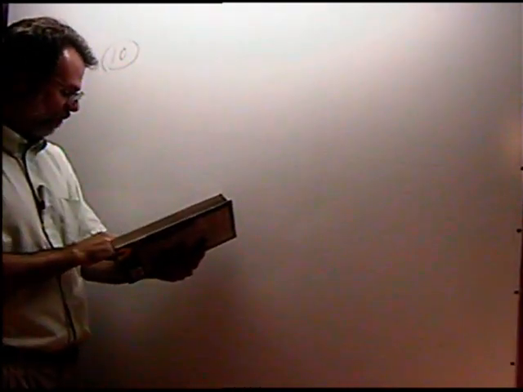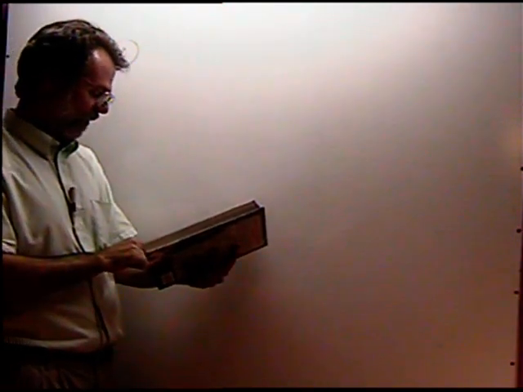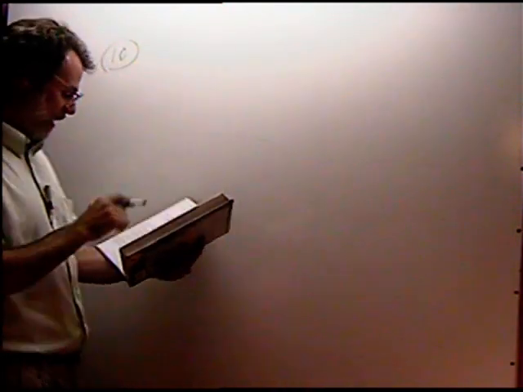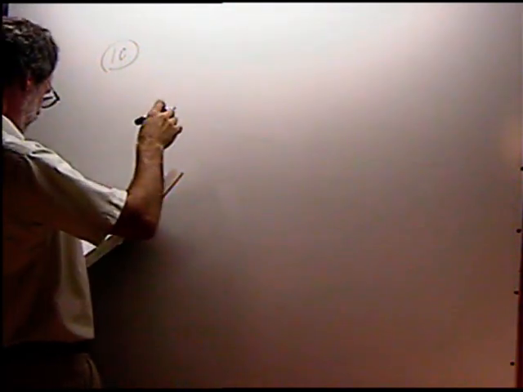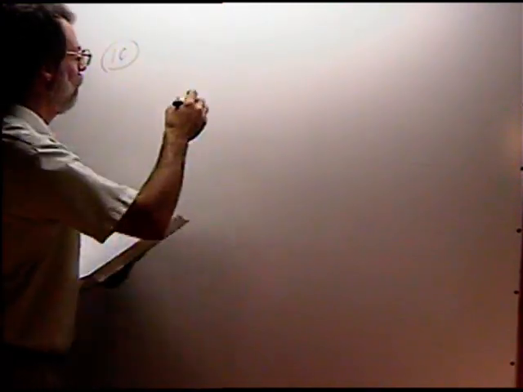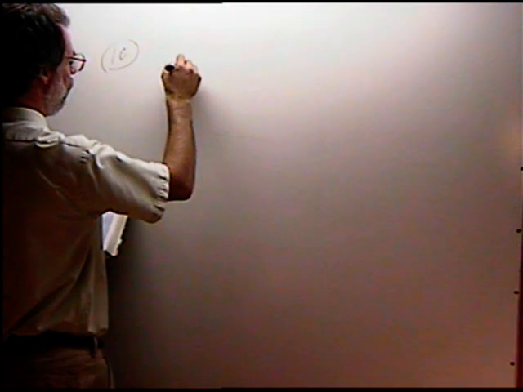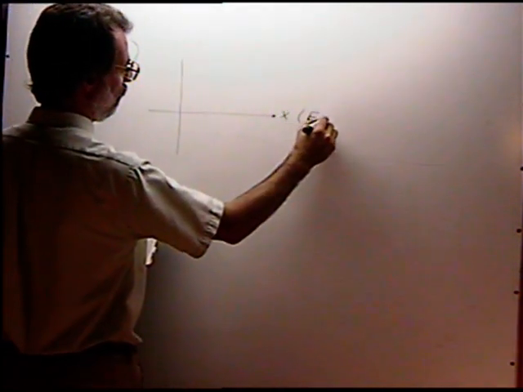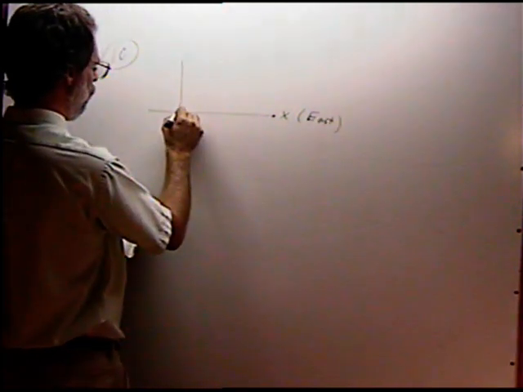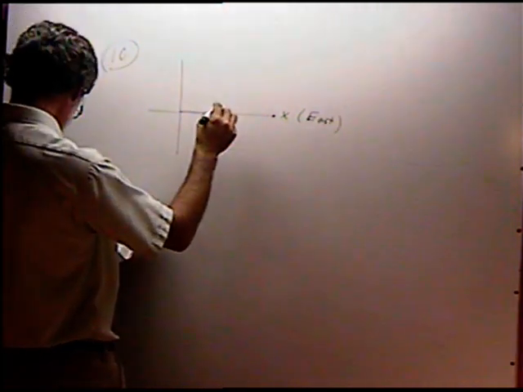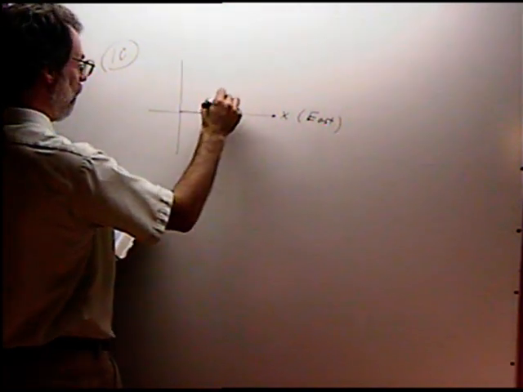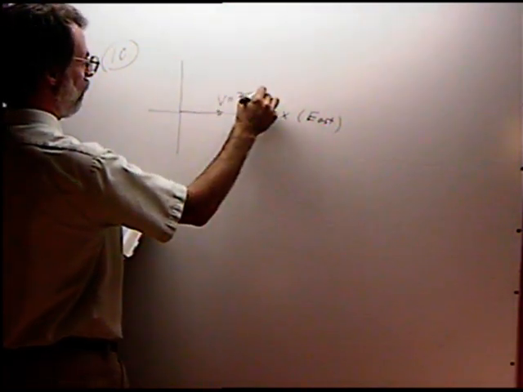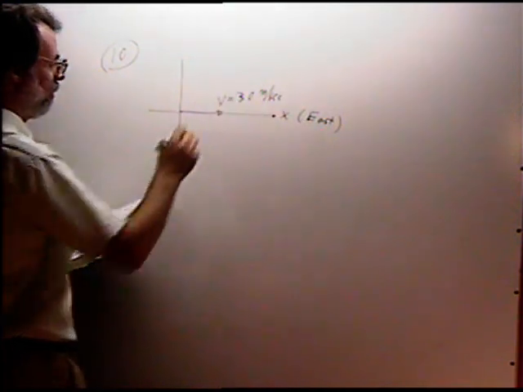Okay, a man rows a boat across a river. The man rows at a speed of 3 meters per second and heads due east. So let's say X is east, and the man heads due east with a velocity of 3.0 meters per second.